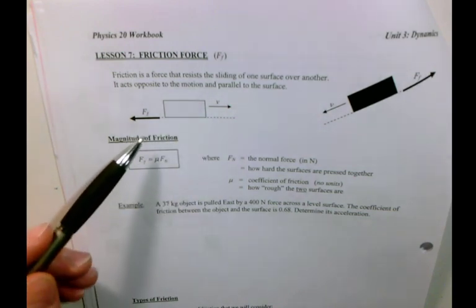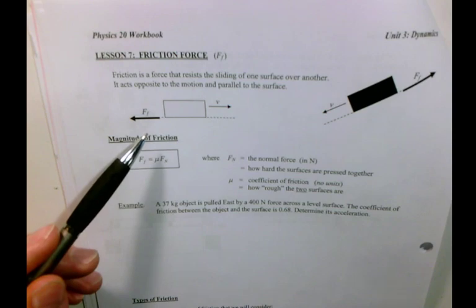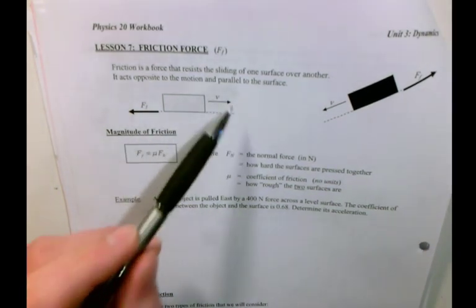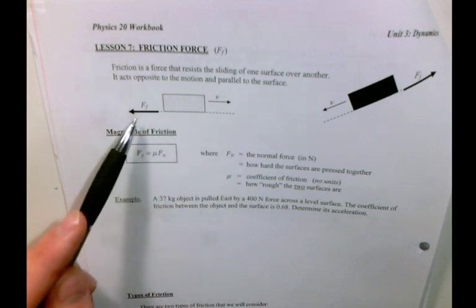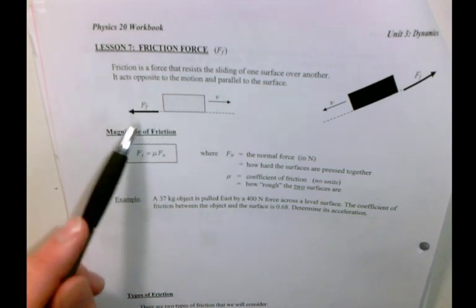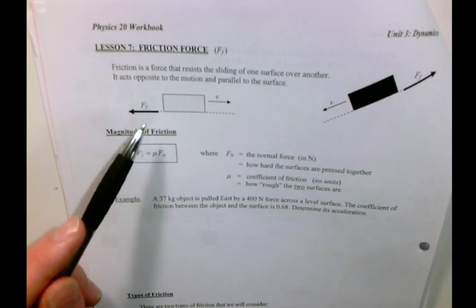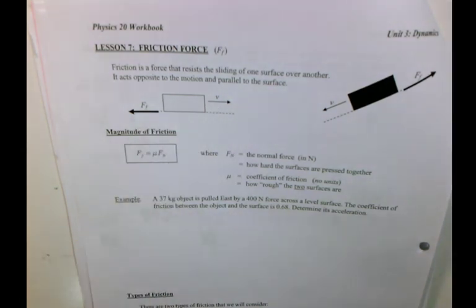And the force of friction will always resist motion. So v, again, is our speed or the direction of our motion, and our force of friction will always oppose that. There's no such thing as a friction force that adds energy or adds some force to a system.